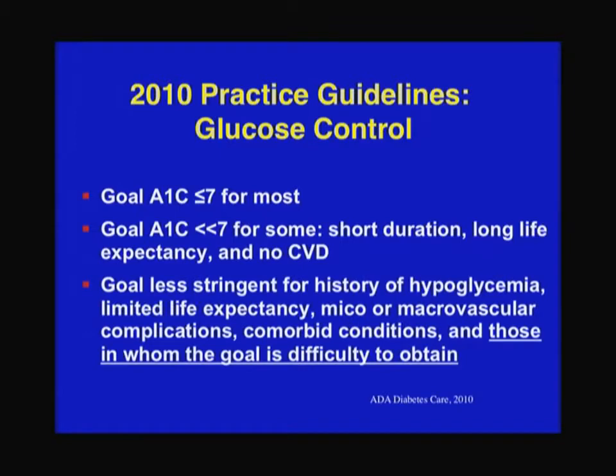But then they also put in this quote, which is good for us doctors. It says that you actually can be even looser for those with a history of trouble with low sugar, limited life expectancy, people who already have complications, other diseases, and I love this one, and those in whom the goal is difficult to obtain.